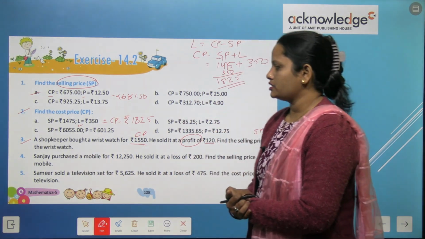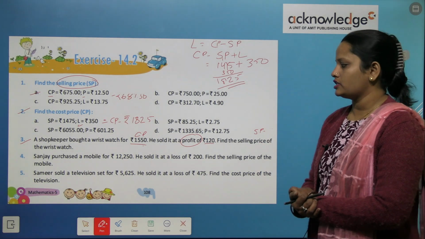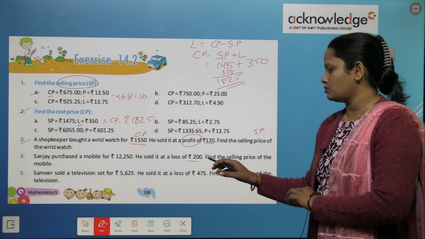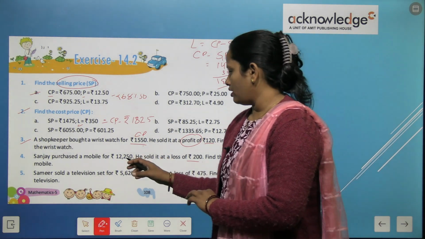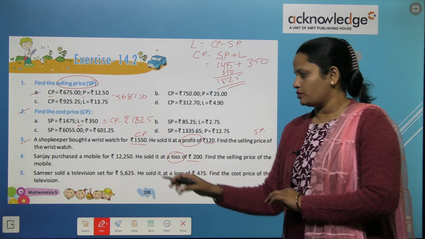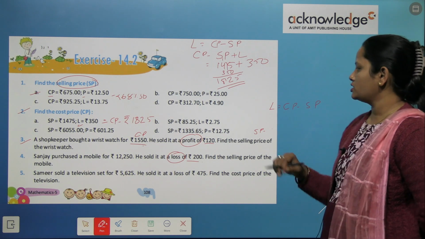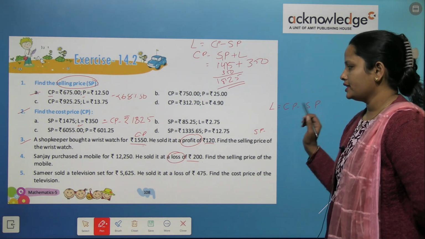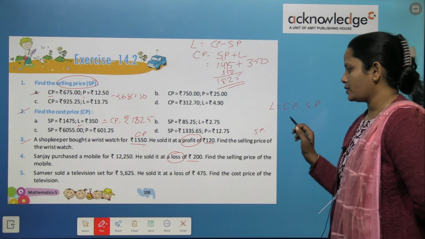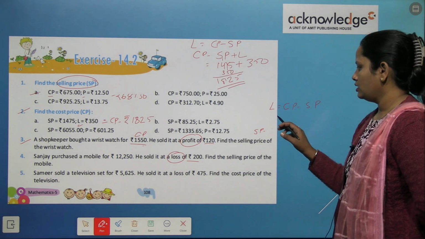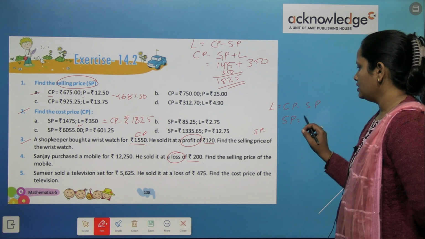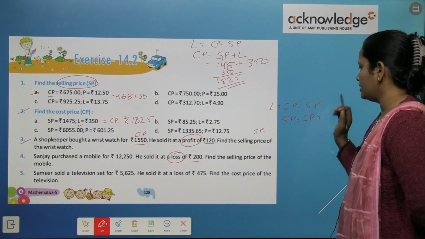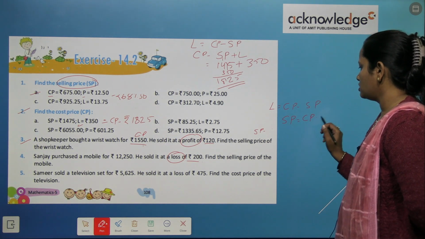Similarly, next question is Sajay purchased a mobile of this much rupees. He sold it at a loss of this much. Find the selling price. Similarly, you have to do here. Here there's a loss of this much rupees. So here the formula is loss is equal to CP minus SP. So here cost price is given, and we know the loss. So SP will be CP minus loss.